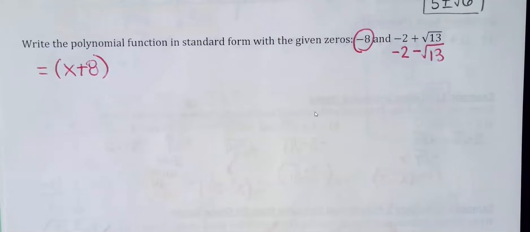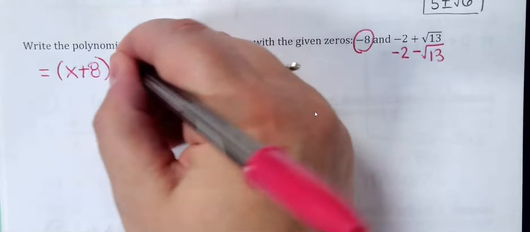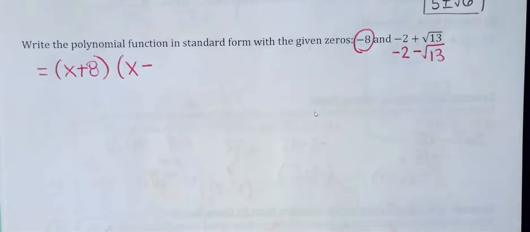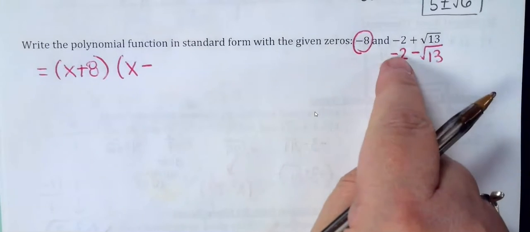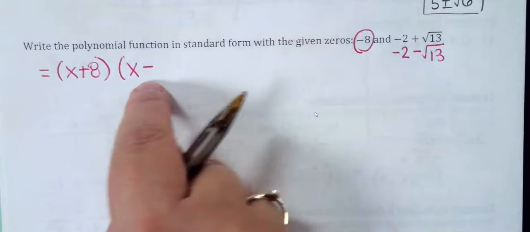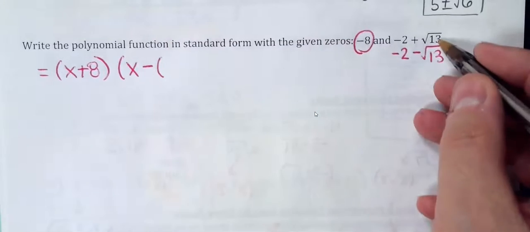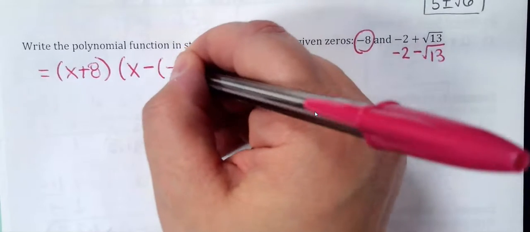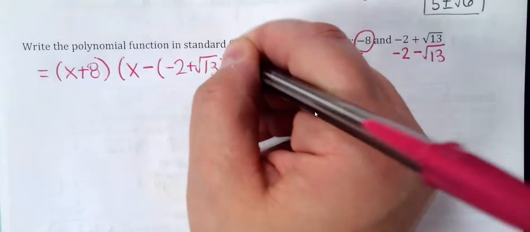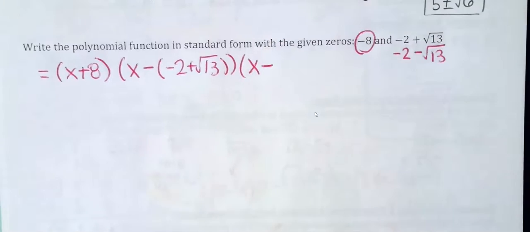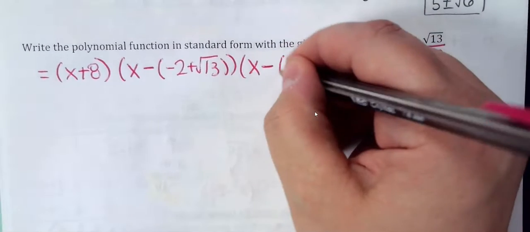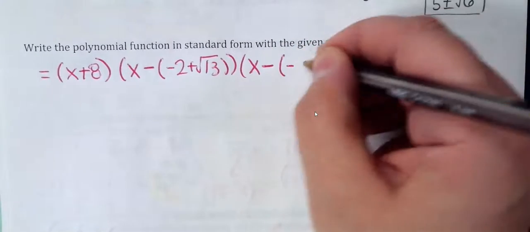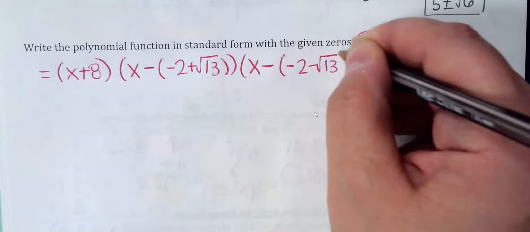Okay, now I promise. Just do x minus. It doesn't matter what this starts with. It doesn't matter if it's a positive or negative. Just do x minus and put in these two irrational numbers. So one is -2 plus square root of 13. Again, x minus. Just do x minus every time, it'll work. And then the other one was -2 minus radical 13.